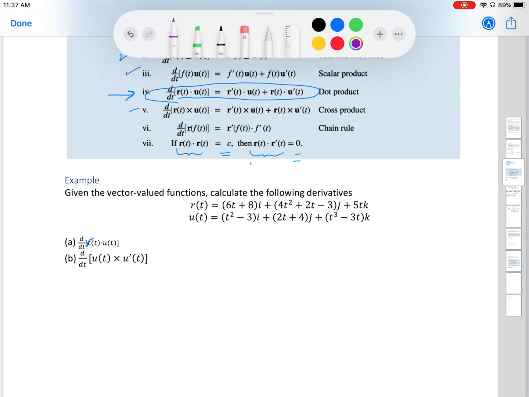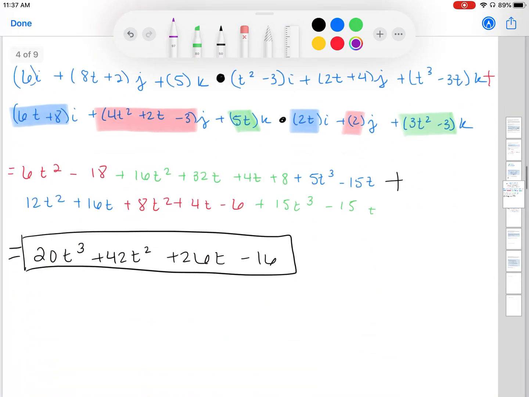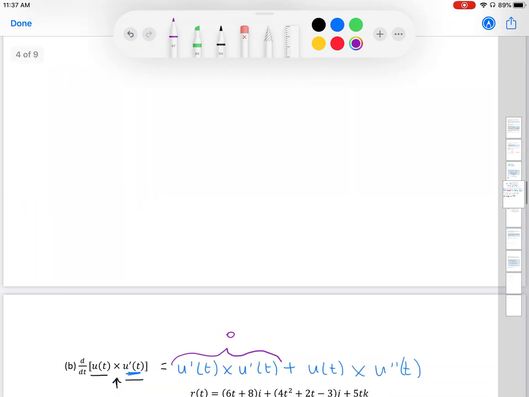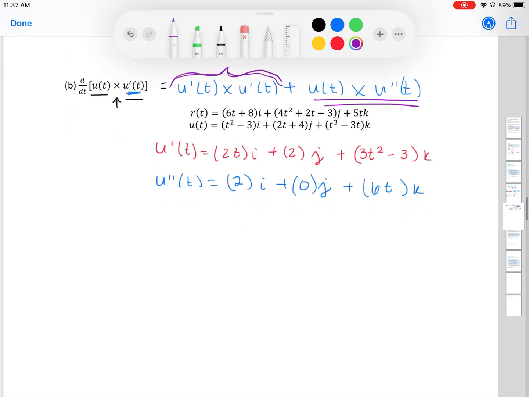The derivative of r and its derivative is 0, which is how it applies here. Okay, so now we're just left with u of t cross product u double prime of t to work out.